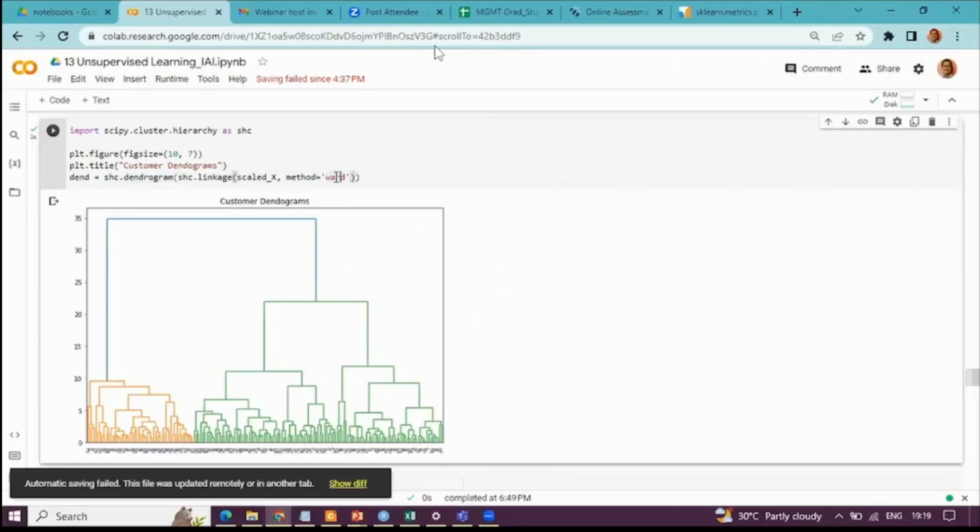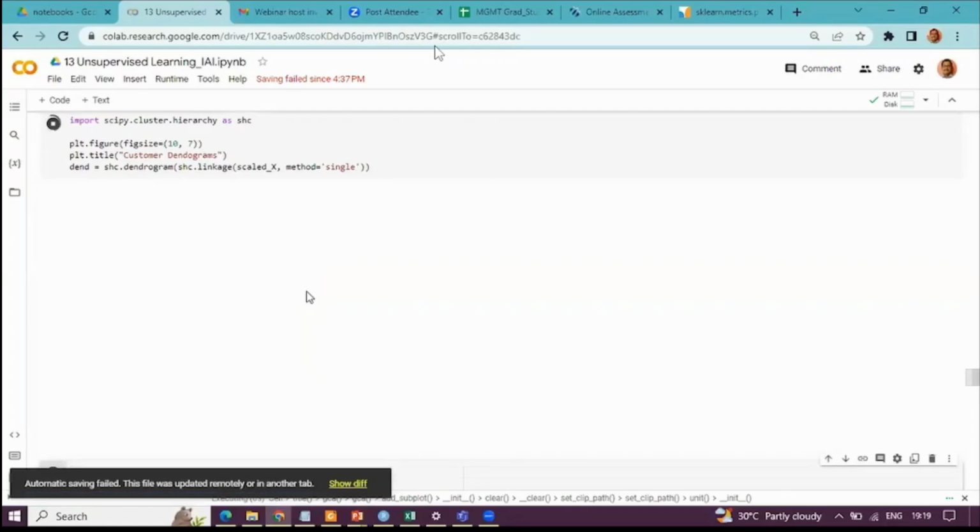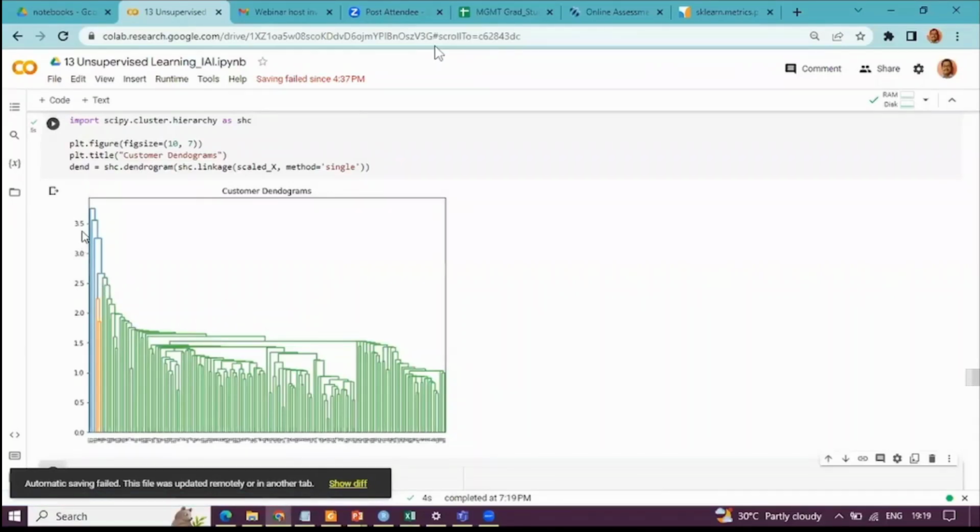Let's say if I give a single method, you look at the axis out here. If I am taking a single method, my axis has gone only up to 3.5 or something, right? And you could see that probably the shape of the cluster dendrogram was completely different.